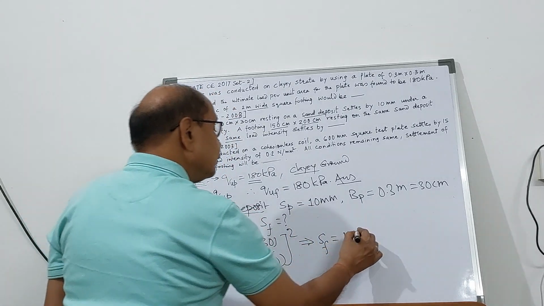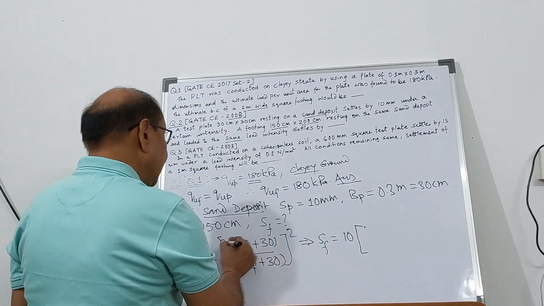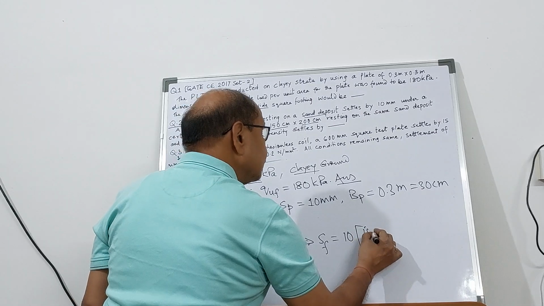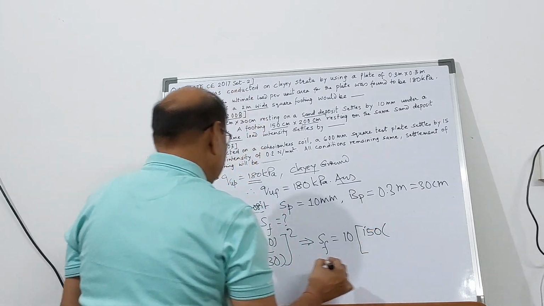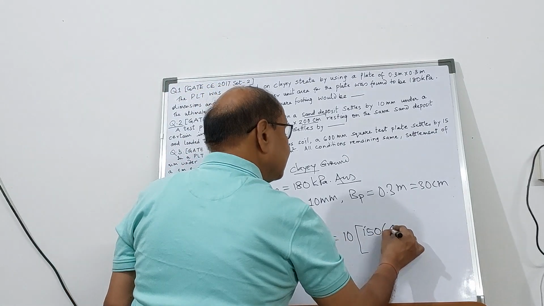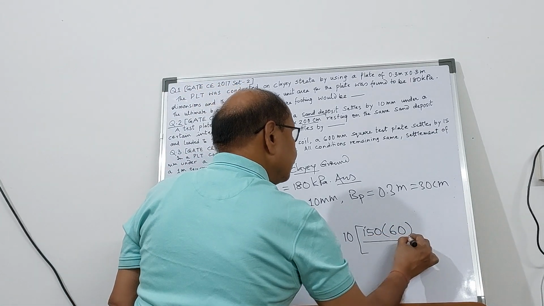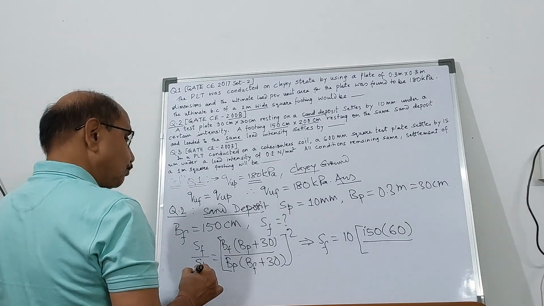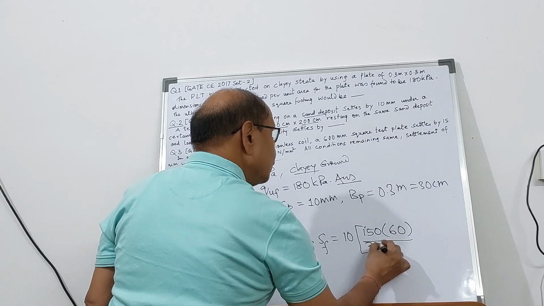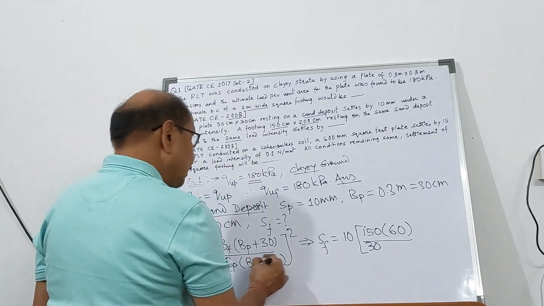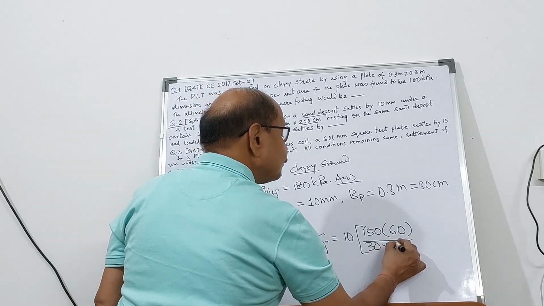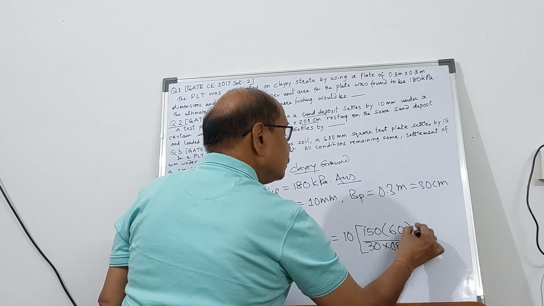So it is 10 multiplied by the width of the footing, which is 150. So 150. And the width of the plate is 30 centimeters, so 30 plus 30, 60, divided by the width of the plate, 30, multiplied by the width of the foundation 150 plus 30, that is 180, whole square.